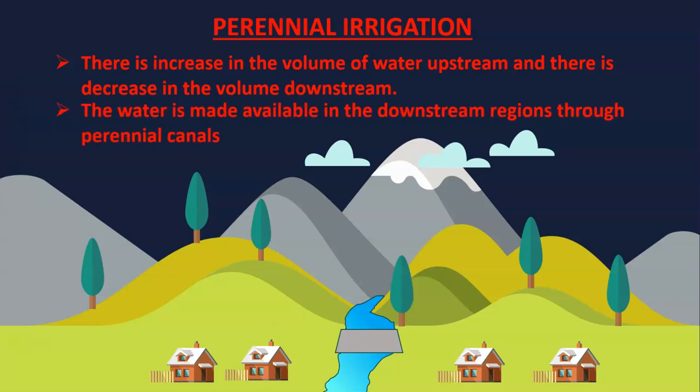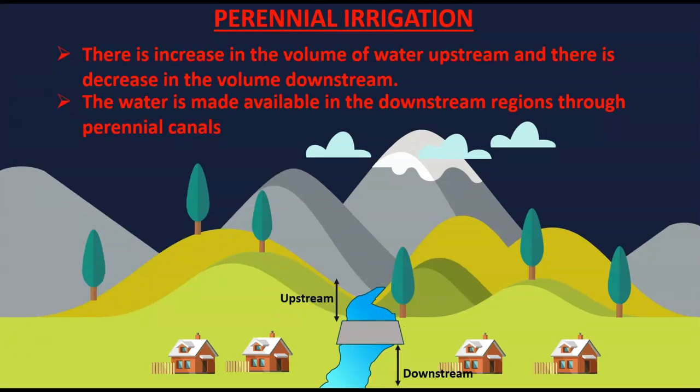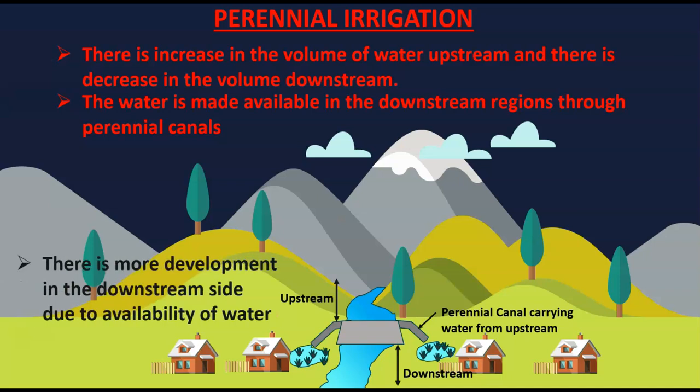Water is made available in the downstream regions through a perennial canal, and there is irrigation in the downstream, and hence there is more development in the downstream side due to the availability of water. And you can see there are 4 buildings in the downstream side.